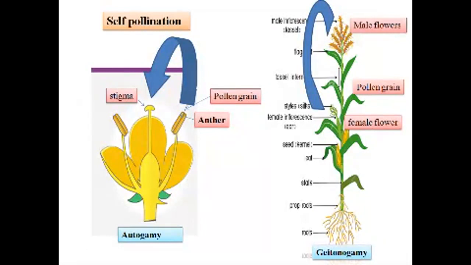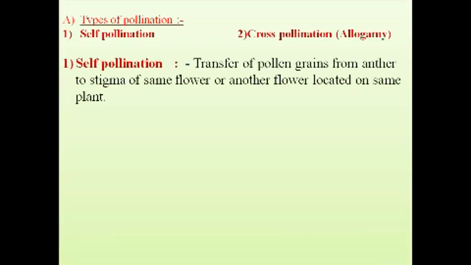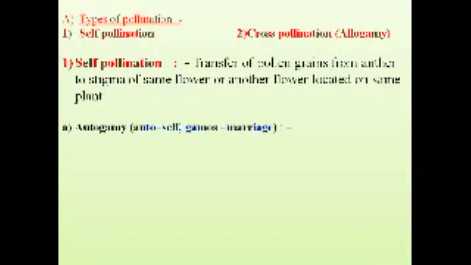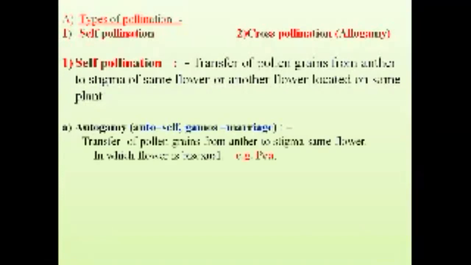Autogamy occurs within a single flower. Transfer of pollen grains from anther to stigma of the same flower is known as autogamy, in which the flower must be bisexual, for example, pea.